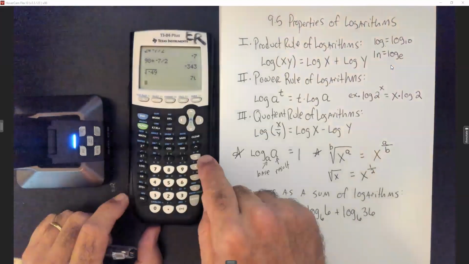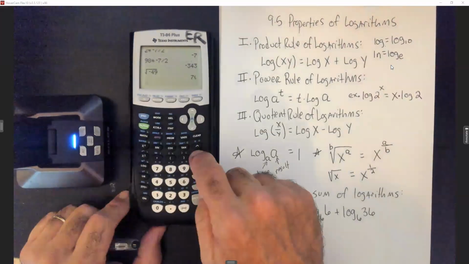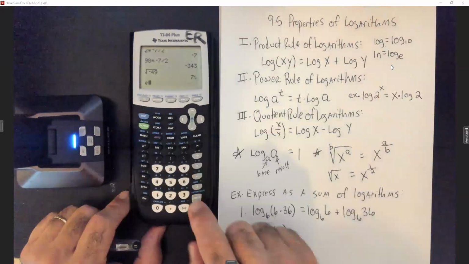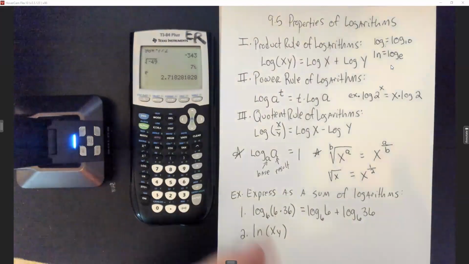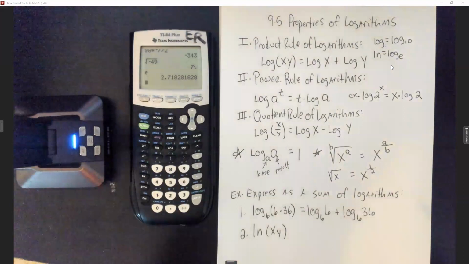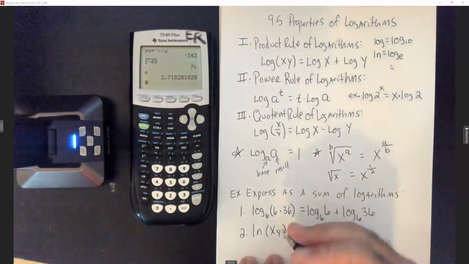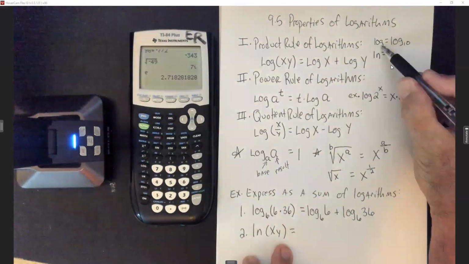So if I hit the blue button and the division, it brings up the E, and I hit enter. Notice it equals like 2.718, blah, blah, blah. They got that number from doing compound interest type problems. But it's just a number like pi. We call that a constant, okay? So the LNs are the base log E's, and the logs are the base 10s, okay?